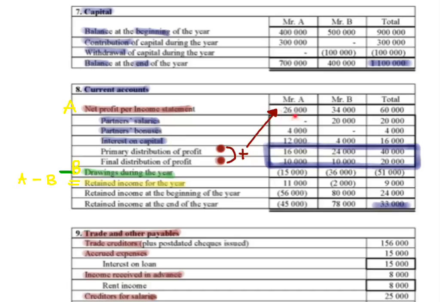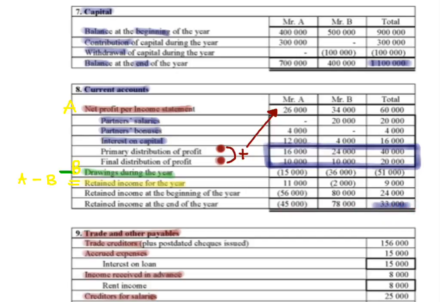So the 26,000 income earned minus the 15,000 drawings taken tells me that this partner has left 11,000 Rand within the business. I'll do the same for partner B, and the same in the total column. This retained income is then added to the balance from the beginning of the year to find my new balance for each partner at the end of the year.